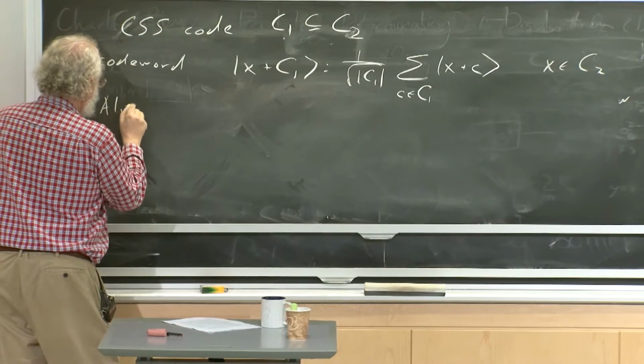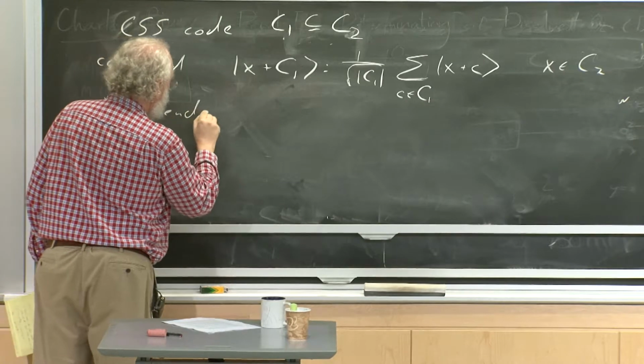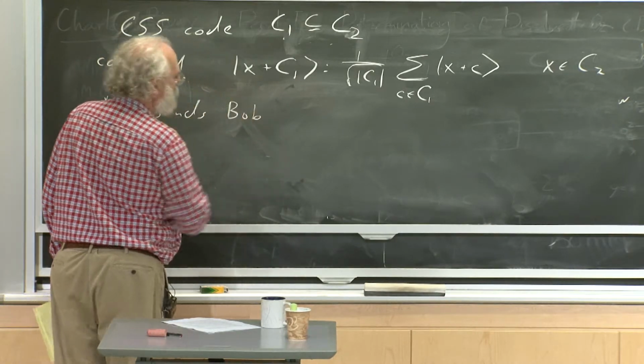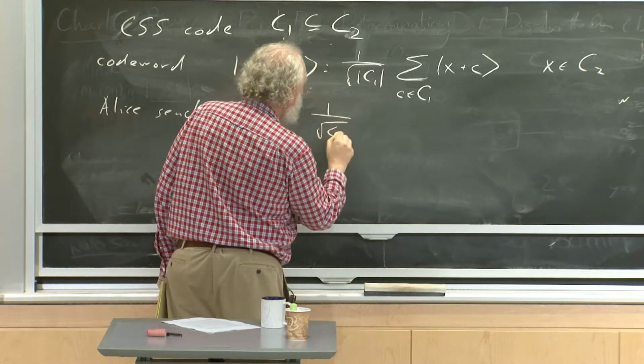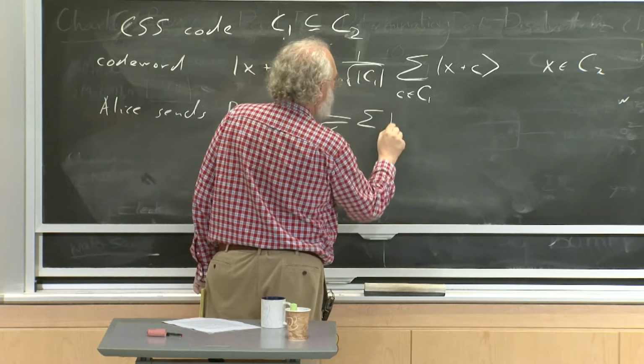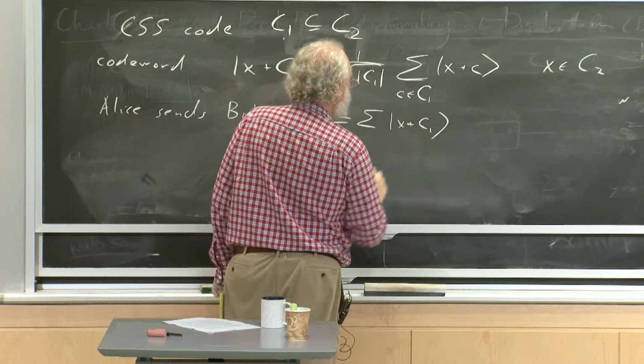So Alice sends Bob one of root C1 some x plus C1.